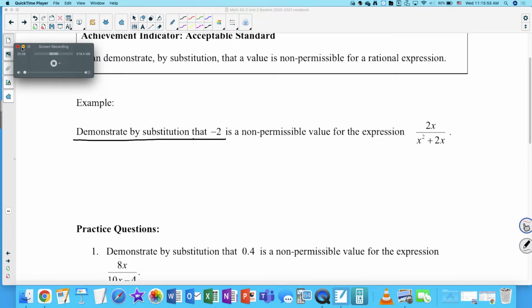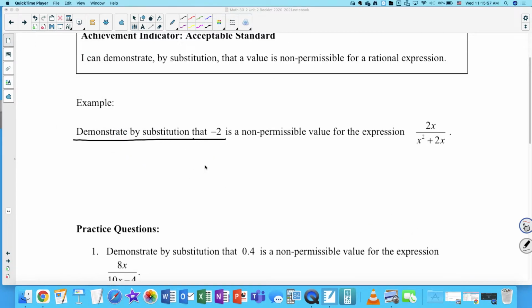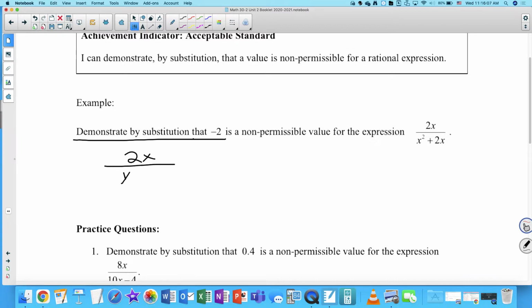Okay, so demonstrate by substitution. So we have to take this expression, okay, and sub in a -2. So 2 times -2 over -2 squared plus 2 times -2. Okay.